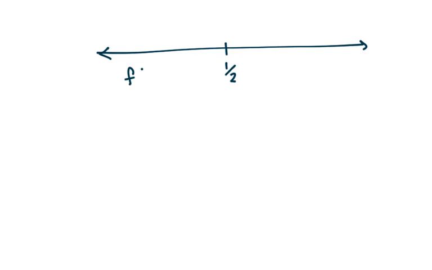So I'm going to rewrite that here, what we were looking at. We said that for our graph, we knew there was a critical number at 1/2, and that the derivative for any x value on this interval from negative infinity to 1/2, that's an x interval, we said that the derivative was positive.